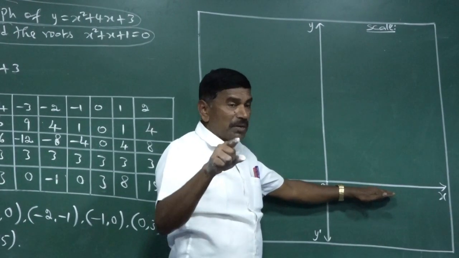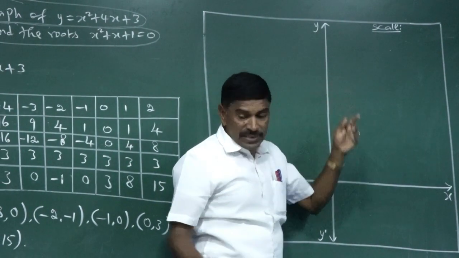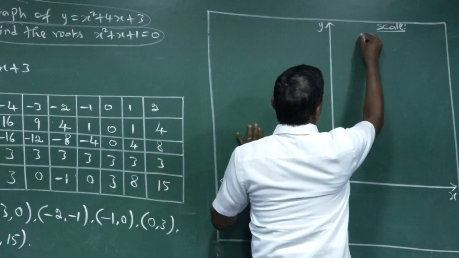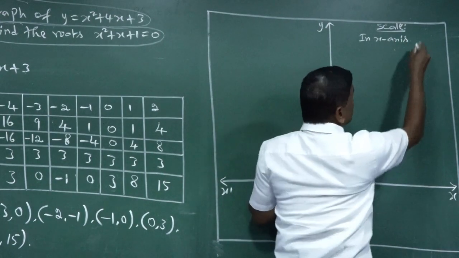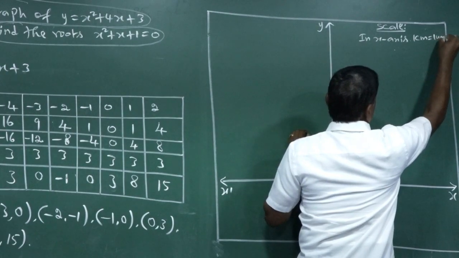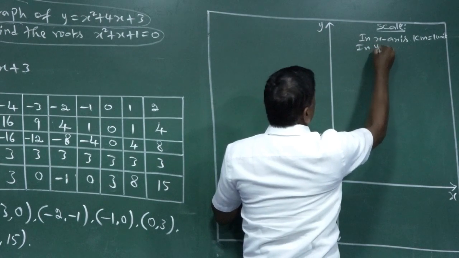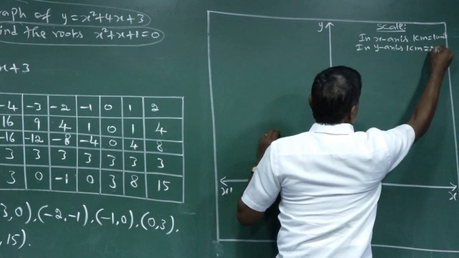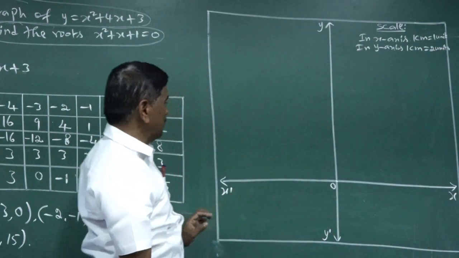Scale in x-axis: 1 centimeter is equal to 1 unit. Next, in y-axis: 1 centimeter is equal to 2 units. Okay, scale first.